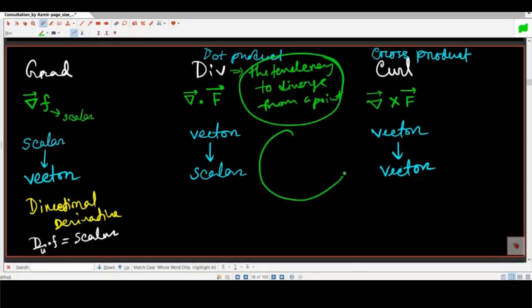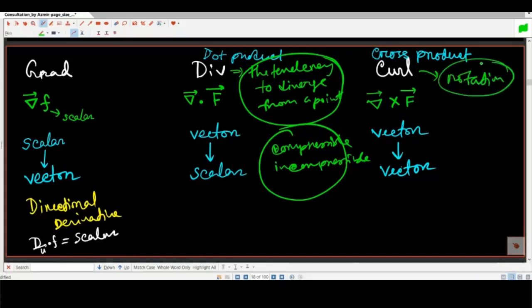Divergence is also applicable to understand whether a fluid is compressible or incompressible. By curl, we understand the circulation or rotation, that is, the tendency to rotate around a point.